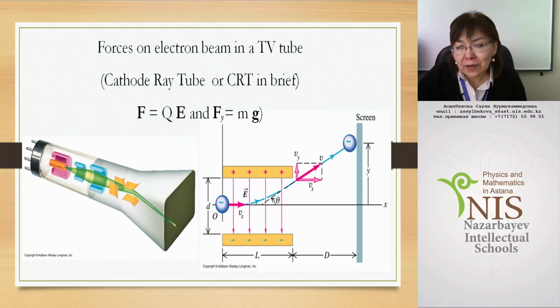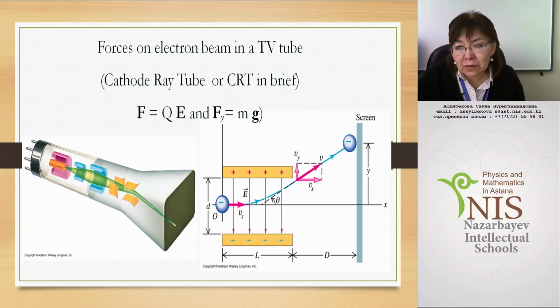But for us it's very important to know how we can really see the deflection of the beam, or even the motion of the charged particles in the electric field. The so-called cathode ray tube, or CRT in brief, shows you the real motion of the particles when we see some image on the screen.